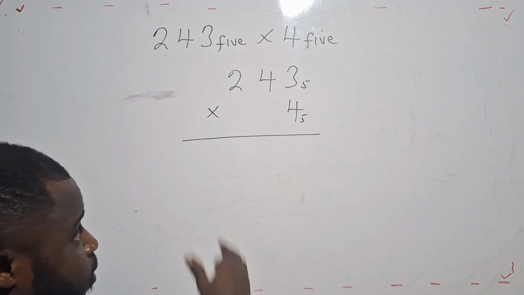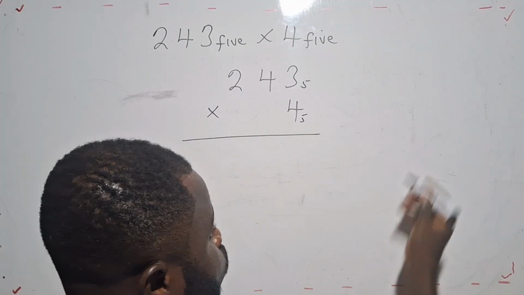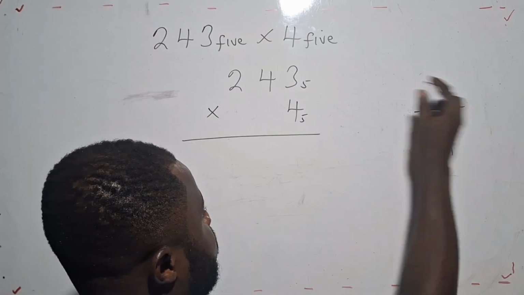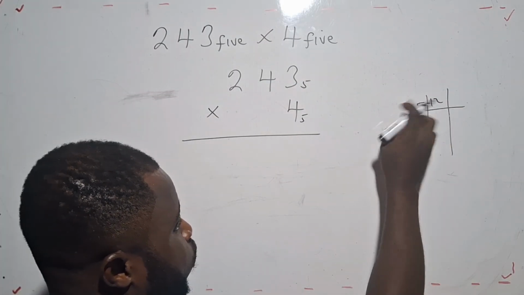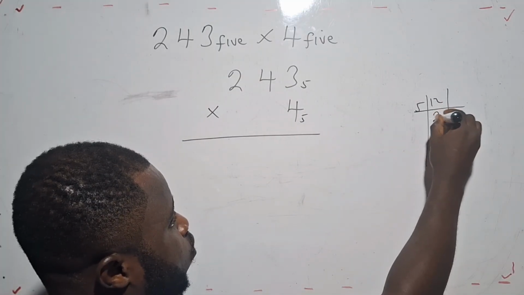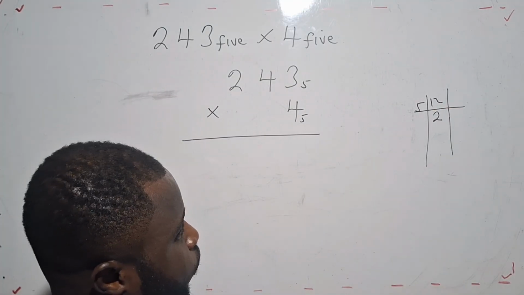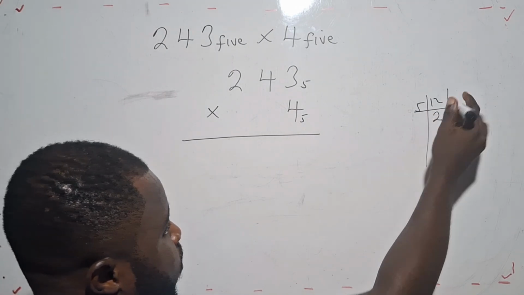And we know 12 is bigger than the base we are working with, which is 5. So I've told you, if you'll be confused, since this one is 12, we have our 12 here, then we have our 5. So 5 will divide 12 how many times? It will divide 12 two times.